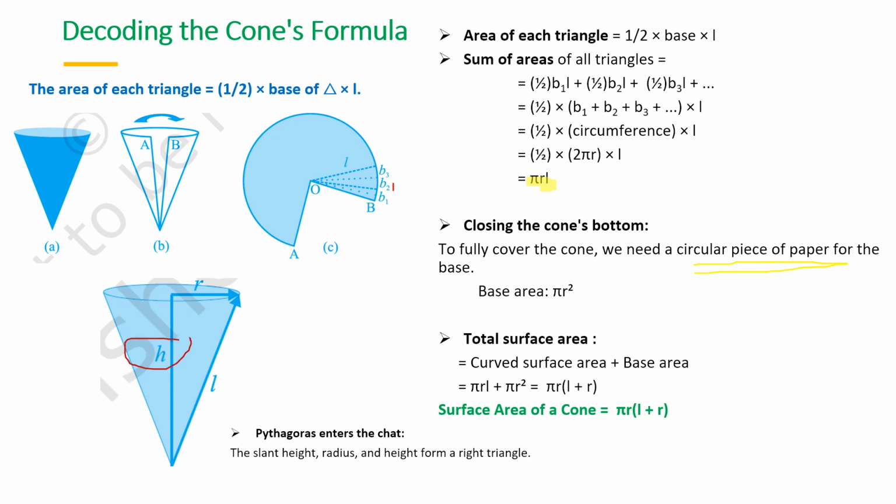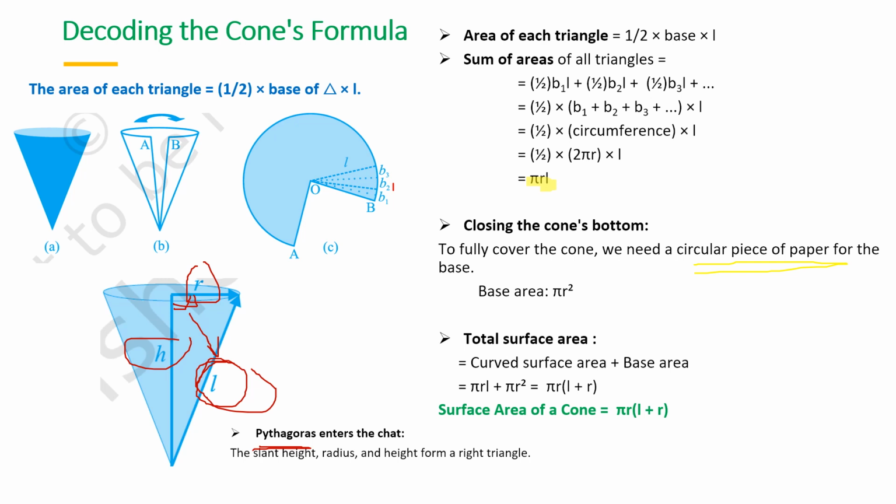h, and if the radius is given, now because it is a right angle triangle, we can use the Pythagoras theorem. Pythagoras theorem states that the square of the hypotenuse, because this is 90 degrees, the opposite side is the hypotenuse, is equal to the sum of squares of the other two sides.